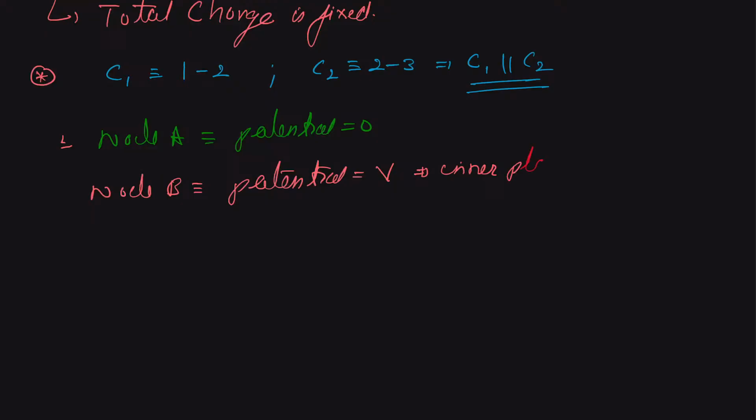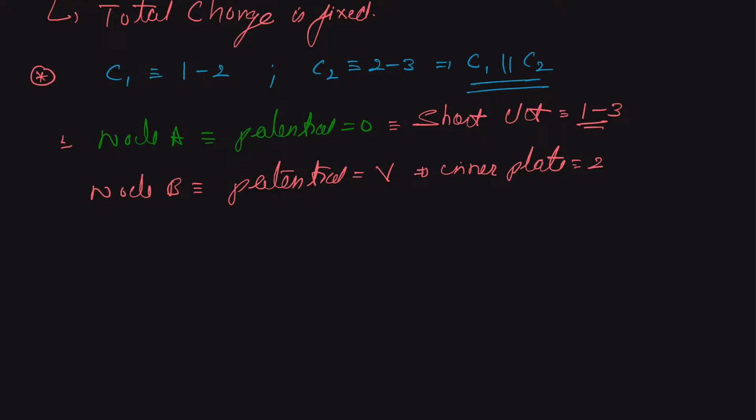So this is our inner plate, which we have denoted as B, and node A is the short circuited plate number, sorry, this is plate number 2, not B, and is short circuited between plate 1 and 3.